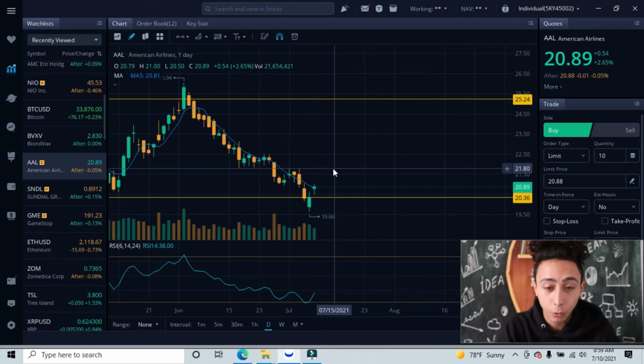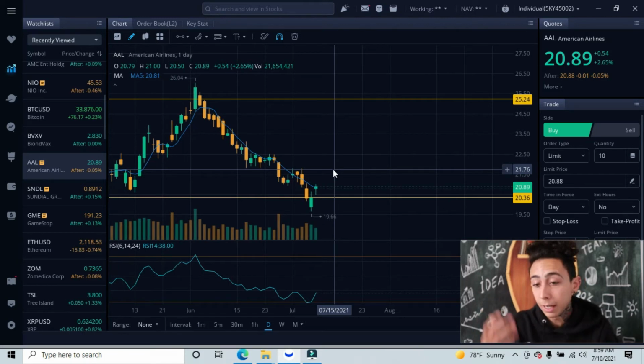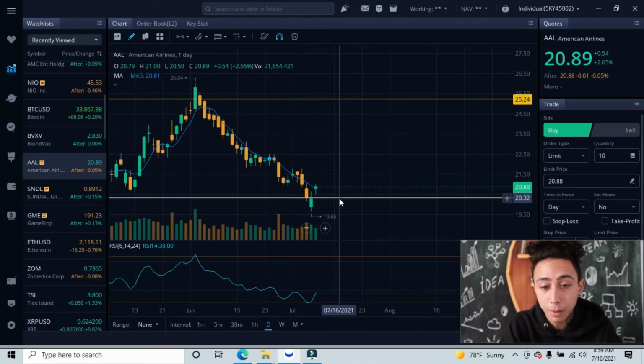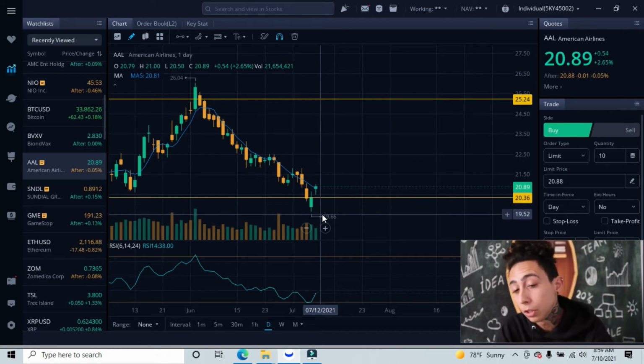So as of right now, I don't think that this is a bad buy. I think you could get in as long as you have a tight stop loss, maybe underneath this resistance line. I'd probably have it underneath this candlestick or this candlestick. So that being your stop loss, or a mental stop loss underneath the $20 area, or the $20.04 area, or the $19.52 area, okay?